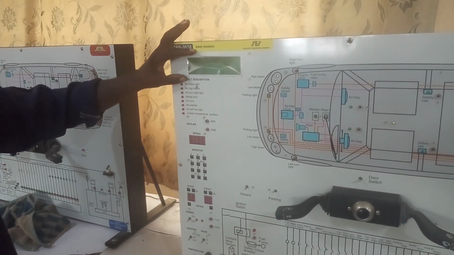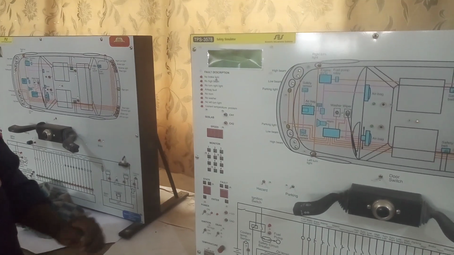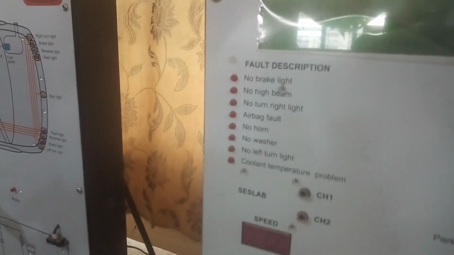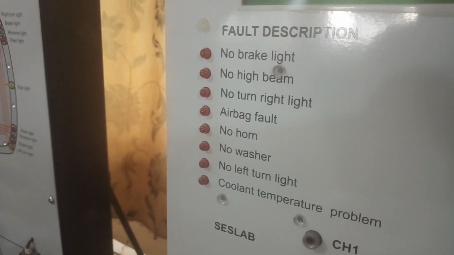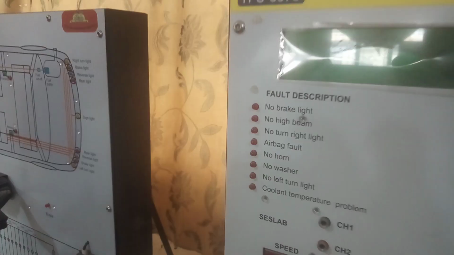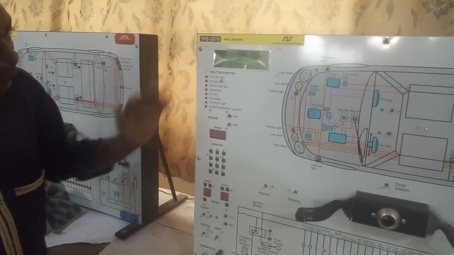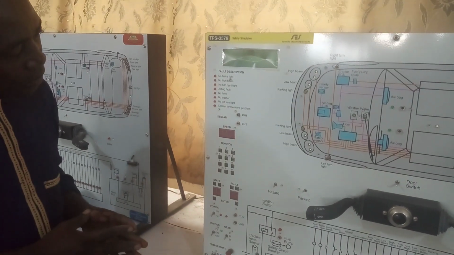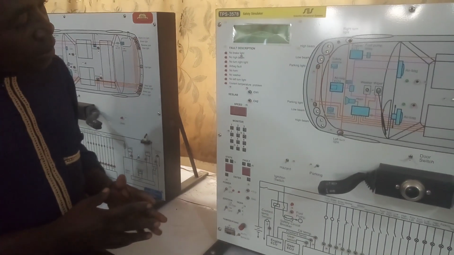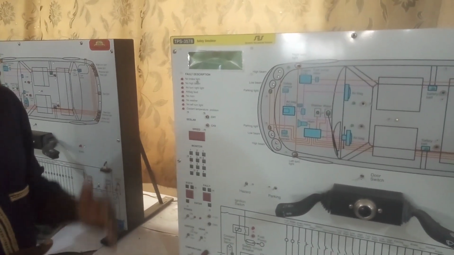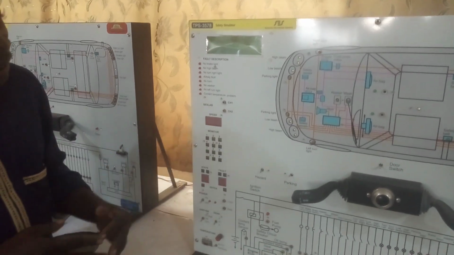It has the LCD display unit and the fault description unit. And these faults here are the faults that can be simulated so that one will have an idea of the problems that can be encountered in the course of operating a vehicle.